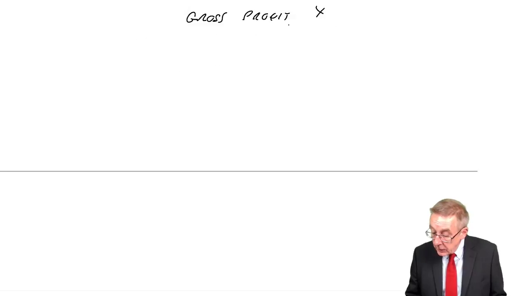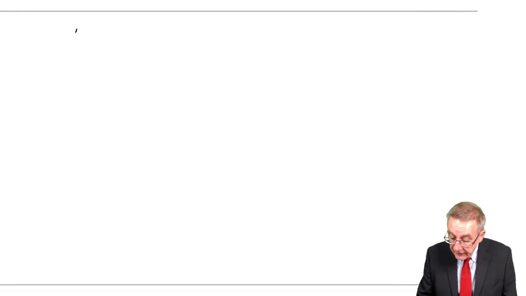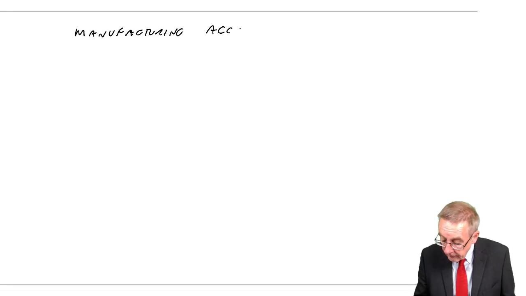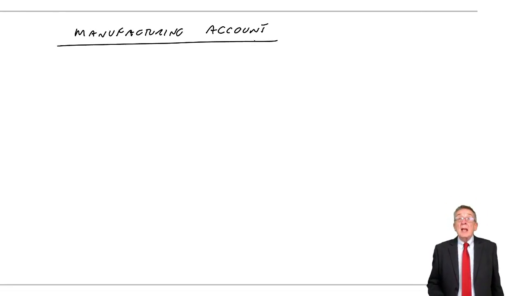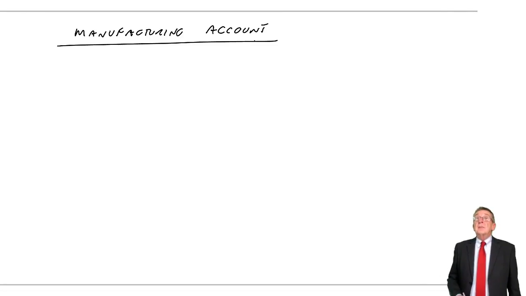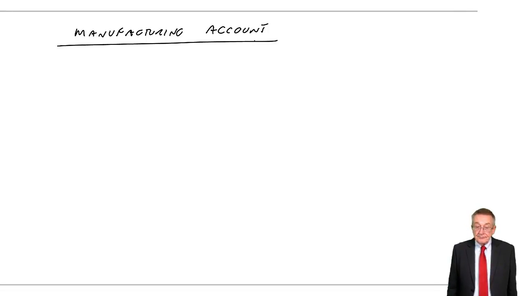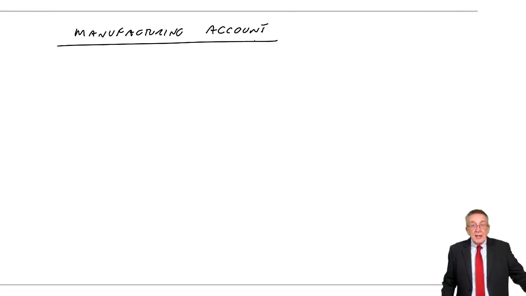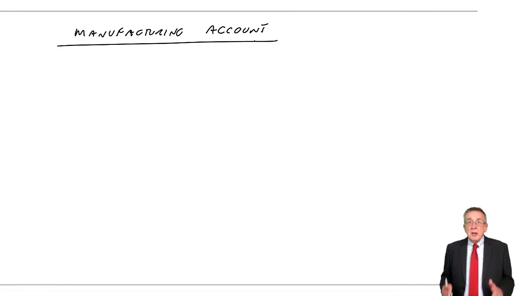So let's have a go. And remember, for the manufacturing account, we want to work out the cost of producing our finished goods this period. So we're going to add up all the production costs, but some of them relate to work in progress.